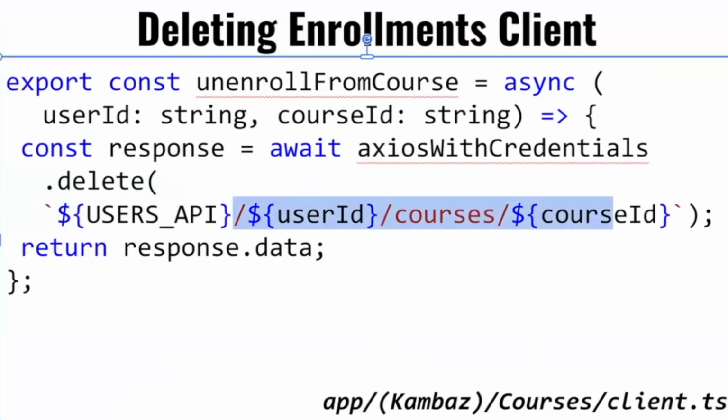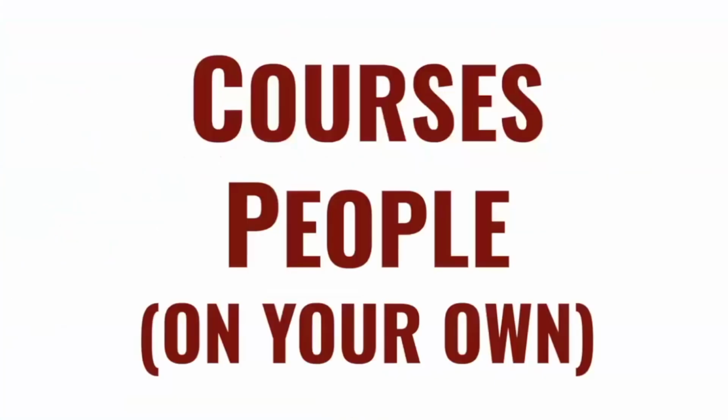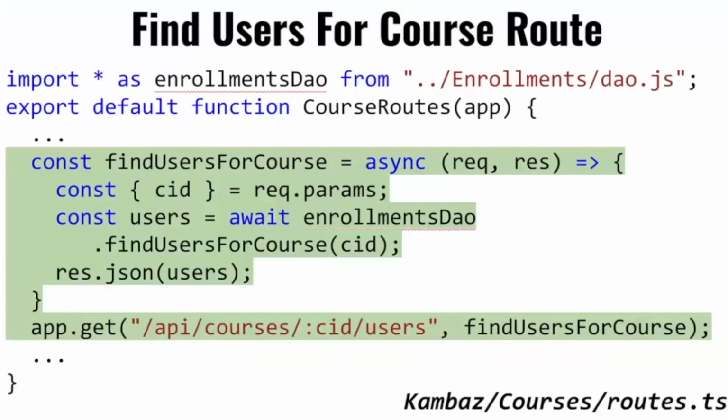Also in the course people, this is the table that shows the people that are enrolled in a course. Once you navigate to a course, it should display all the users that are in that course. So again, this is a suggestion.